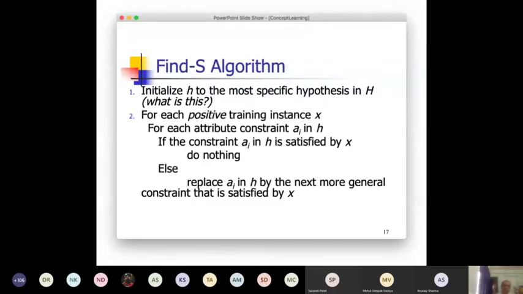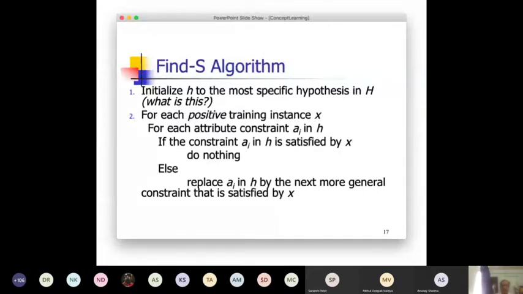So now of course this has become a more general one, so H should be replaced by this. Now you should do it for every attribute in H. Finally, whatever resulting hypothesis you get becomes a more general hypothesis than the older hypothesis. And you go on doing these things till all positive examples are exhausted.